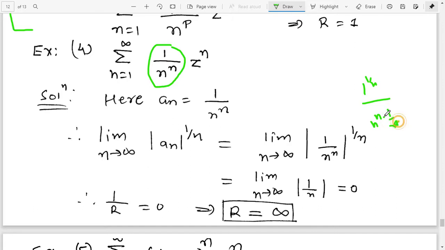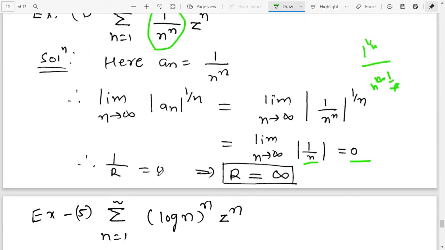So n cancels out, so 1 upon n, and applying the limit n tends to infinity, mod 1 by n is equal to 0. So here 1 upon r is equal to 0. So r is equal to infinity.